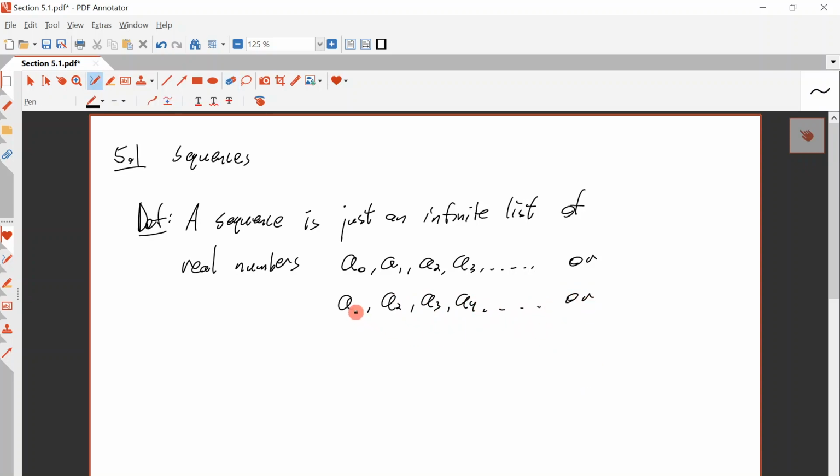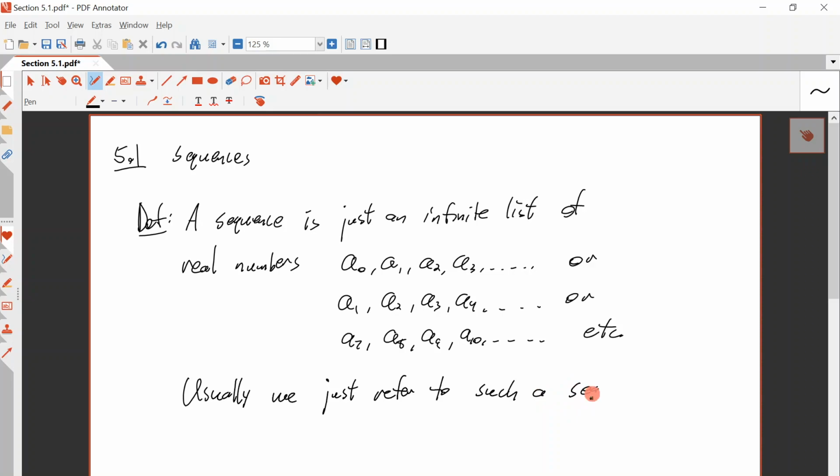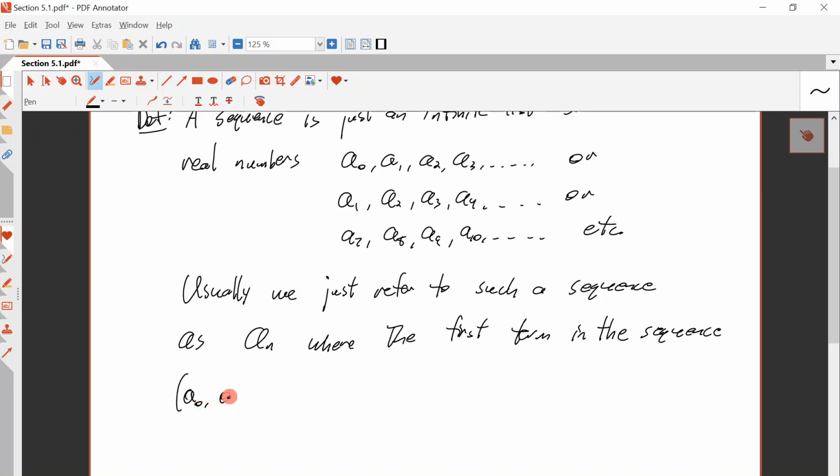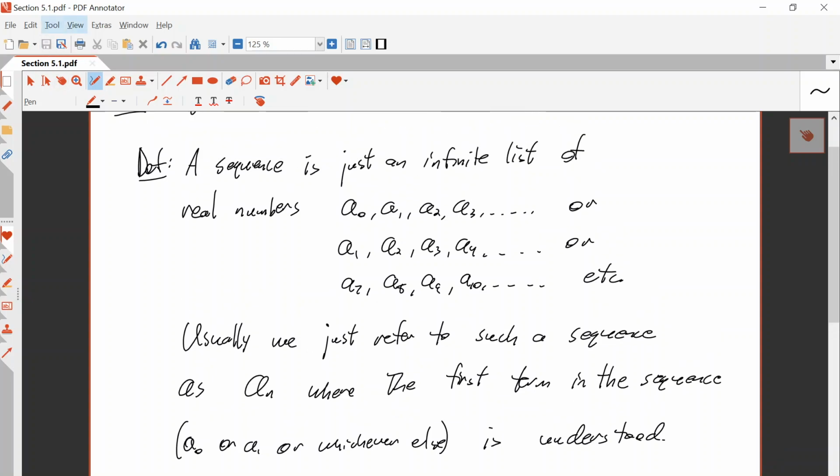Or, it could start anywhere else, I mean, A7, A8, A9, A10, etc. Usually we just refer to such a sequence as AN, where the first term in the sequence, A0 or A1 or whatever else, is understood in some context, whether you're starting at A0, A1, or whatever else.